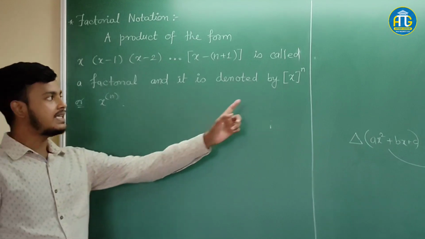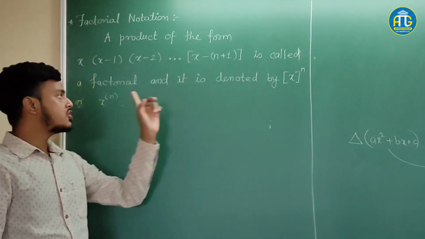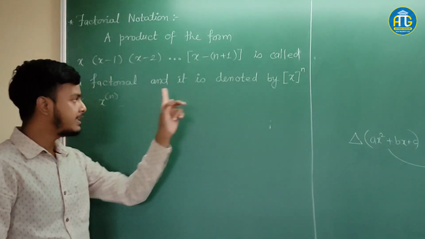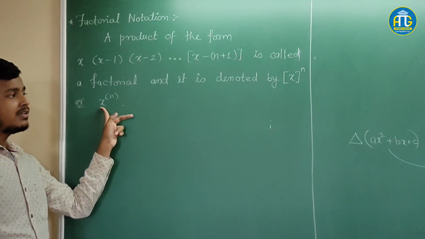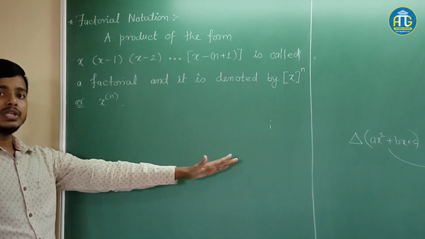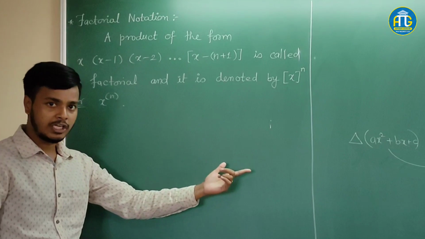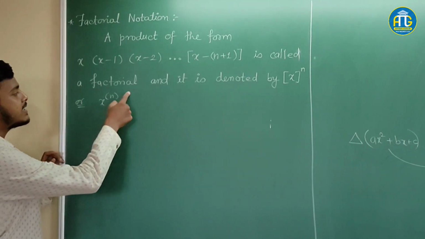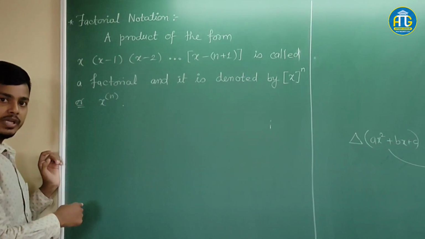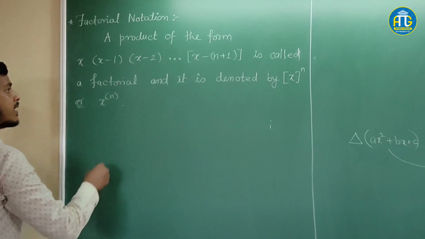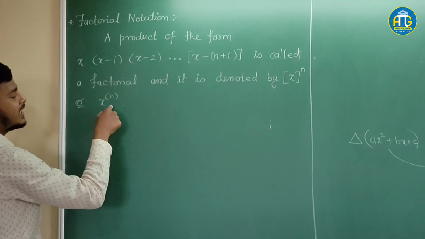Now as you can see here, two notations are there, but in the problems where I express a polynomial in factorial notation, I would be using this type of notation. So this is a factorial and it is denoted by this.